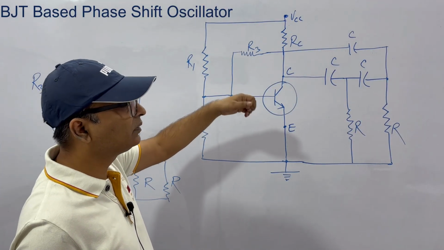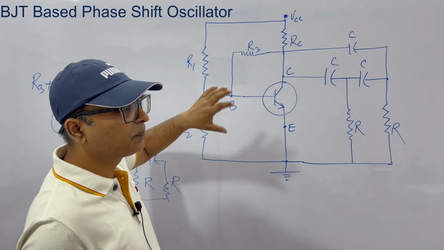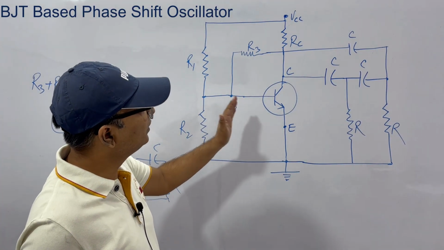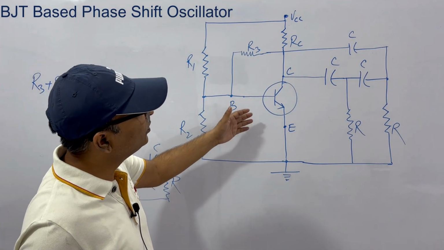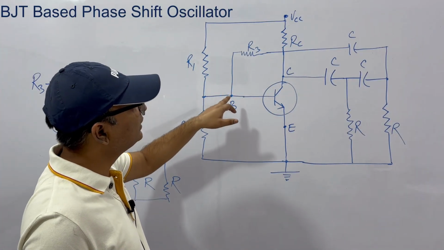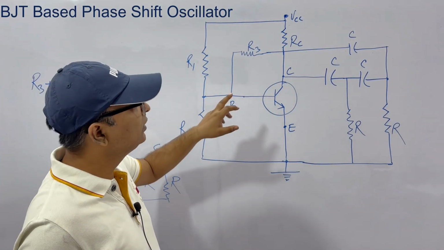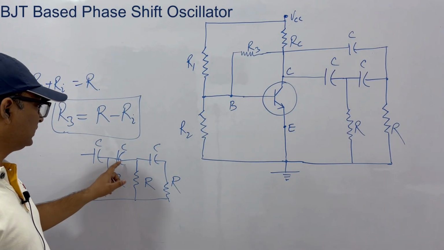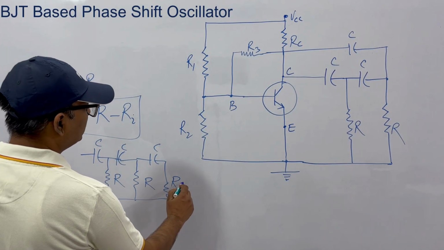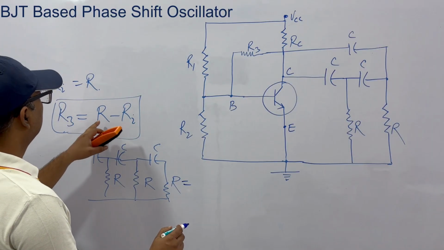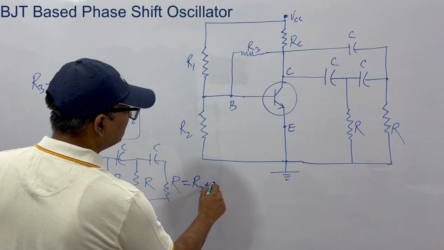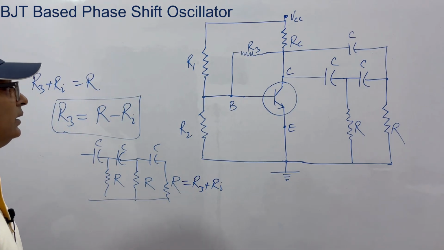This input resistance will get all the voltages across it. All current will be drawn to it. So what we do, we are using a voltage shunt mode, so that our network is like this: CR, CR, CR. This R is basically this one. See, this R is basically R3 plus Ri. This is the only thing to understand.